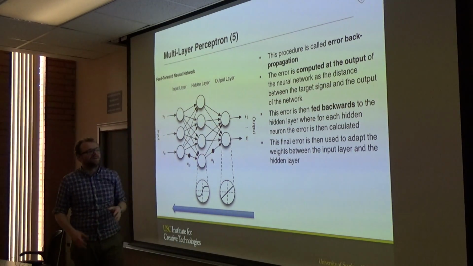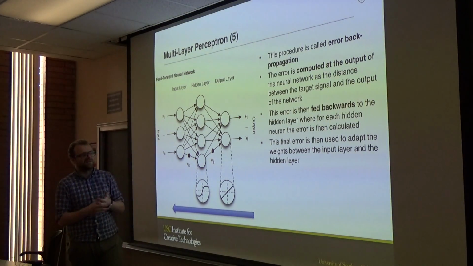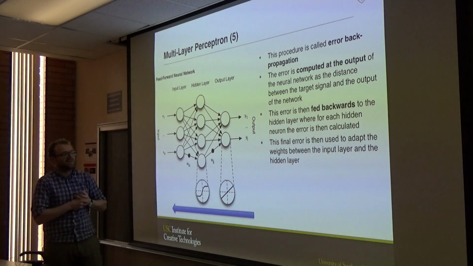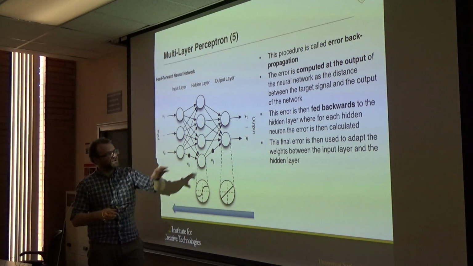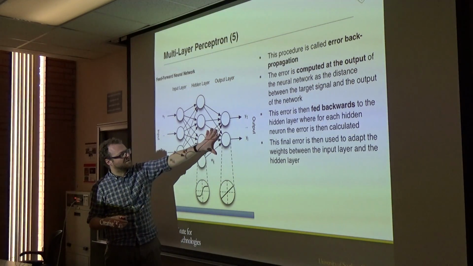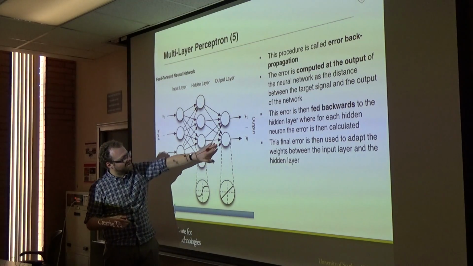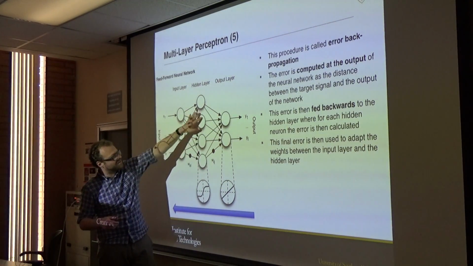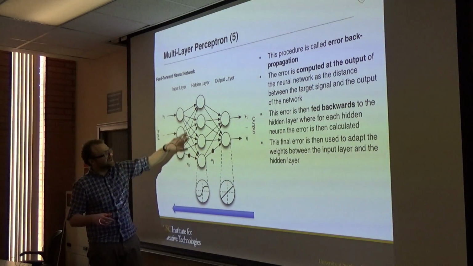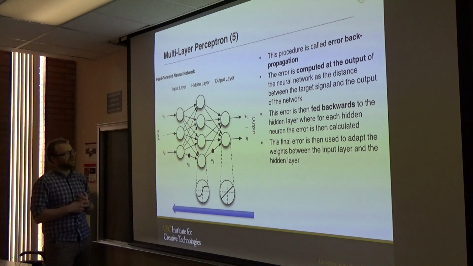For each hidden neuron, the error is computed, and then the final error is used to update the weights between input and hidden layer. So first we compute the error here. We don't update them yet, but we compute a weighted sum for each of those hidden neurons based off the error that these guys made, and then we use that to update those connections. Okay.